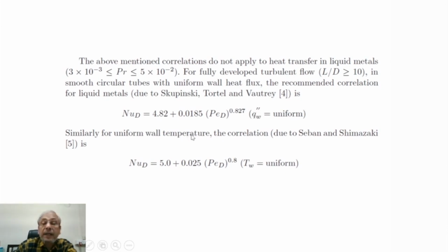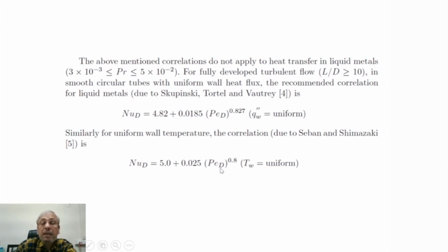Similarly, for uniform wall temperature, also another correlation determined by Sleicher and Rouse from experimental results, and this is very widely used. It is basically Nusselt number based on duct diameter equal to 5.0 plus 0.025 into Peclet number, that means Reynolds number into Prandtl number, and Reynolds number is determined based on the diameter of the tube.